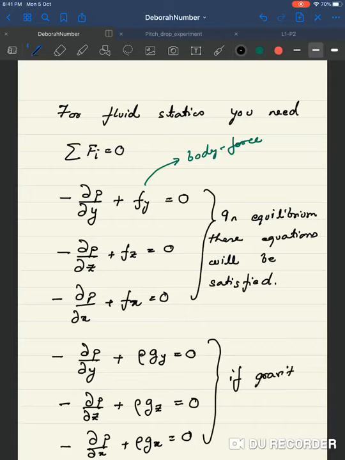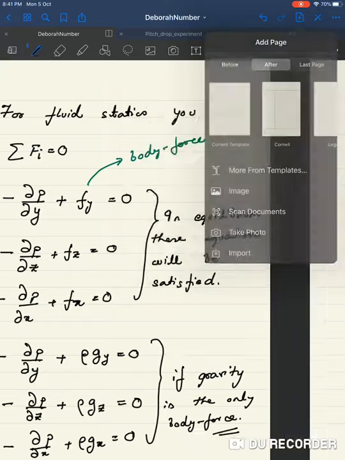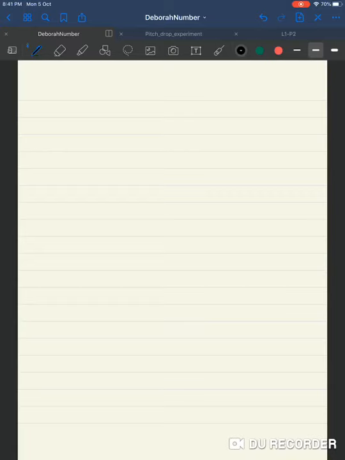Great. You must have seen this before, so you should be familiar with this. If you're not, maybe you just want to familiarize yourself with the UG level fluid statics one more time.